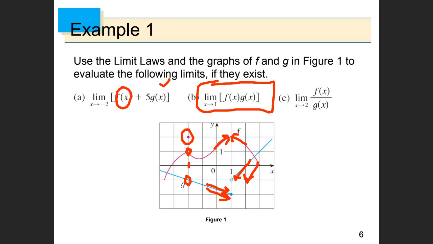All right. Now if we focus on the limit from the right, for f of x from the right you have 2 still, and for g of x from the right you have minus 1, so you have 2 times minus 1. All right. So that is just us trying to make the limit work. But in a test environment, you have to tell me that our limit does not exist, because looking at the limit as x approaches 1 of g of x, it doesn't exist.